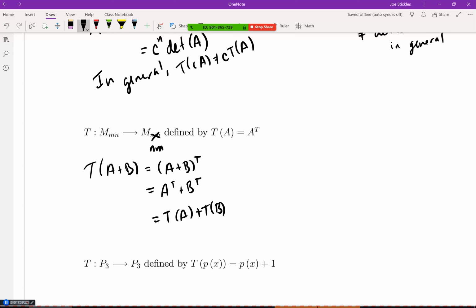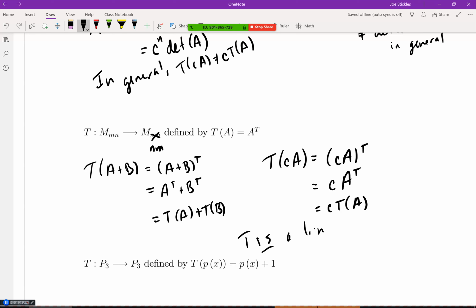So at least the additive property here holds. For scalar multiplication, we plug in the input and take the transpose of it. So we need the transpose of a constant times a matrix. Well, again, from work that we've done previously this semester, we know that the constant pops out, and that'll be the constant times the transformation. So this is a linear transformation in this case.